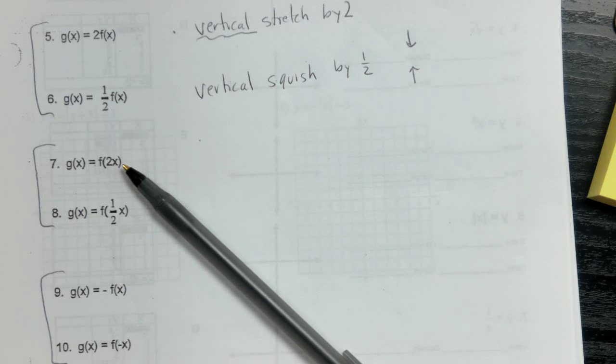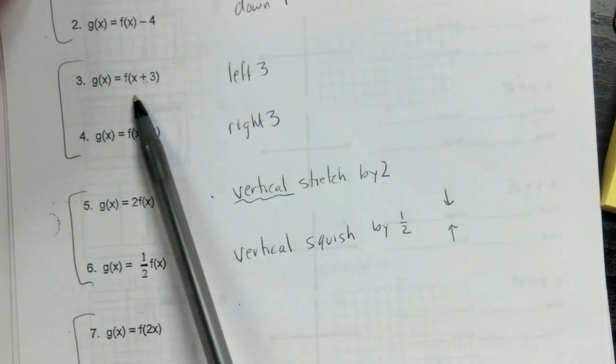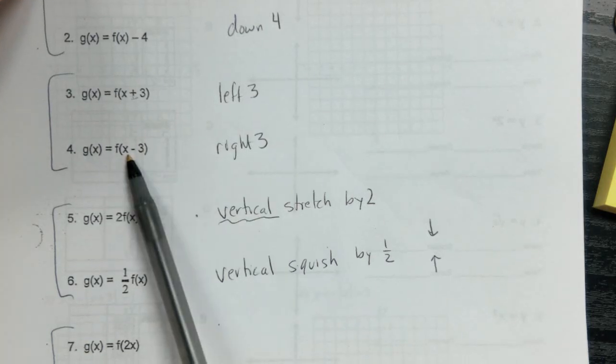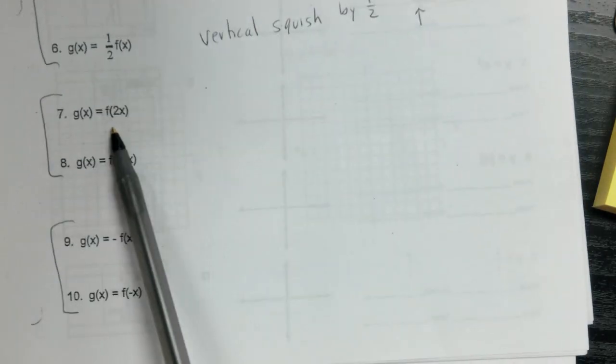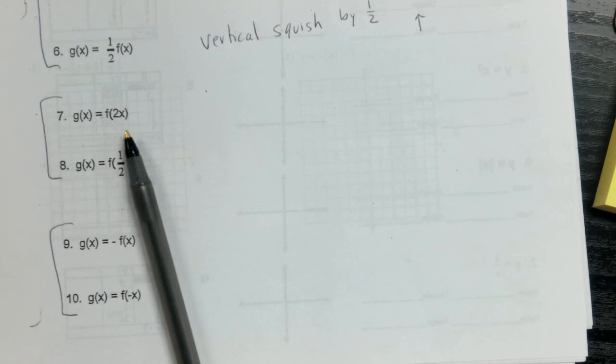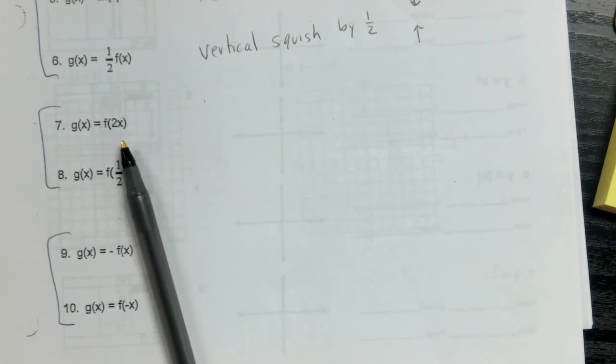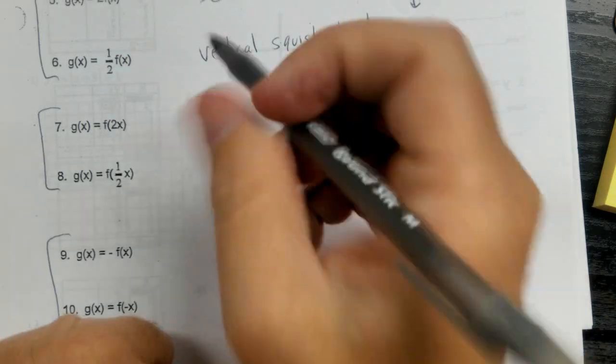Squishes it in. Sure. I think I heard both. I'll remind you that the x stuff appears to be backwards. +3 is left 3. X minus 3 is right 3. So at 2x, I think you were right the first time, it actually squishes it. It's a horizontal squish.